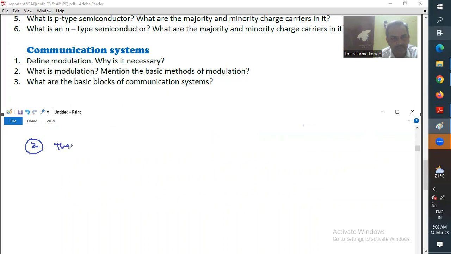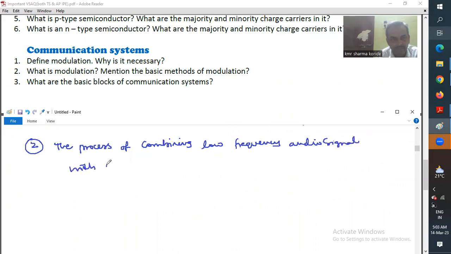So again, the process of combining a low frequency audio signal with a high frequency signal is called modulation.